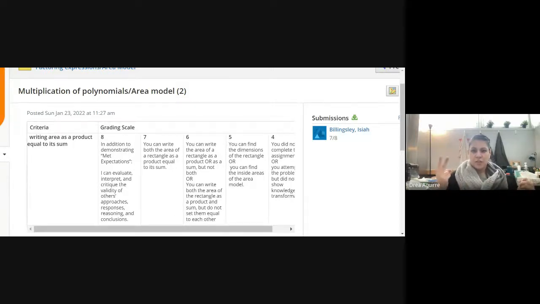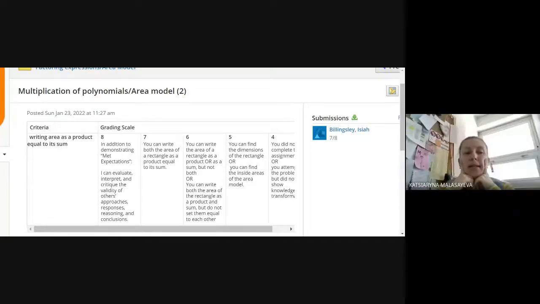So you have 2 things going here. You have one, can they do the question, and what part of the question are they getting stuck on? And then you also have, can they explain how they did the question? So for example, I can memorize a formula, plug numbers in. I can't explain what those numbers mean, but I can do that. And so that would be 2 different levels of a rubric.